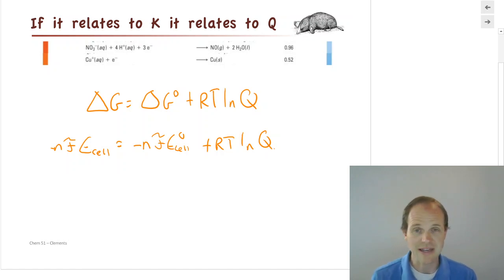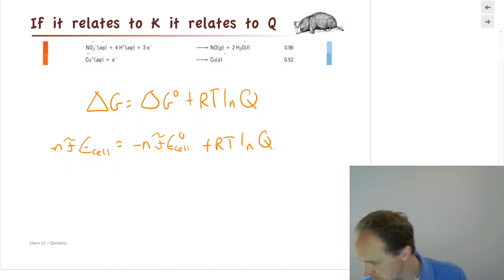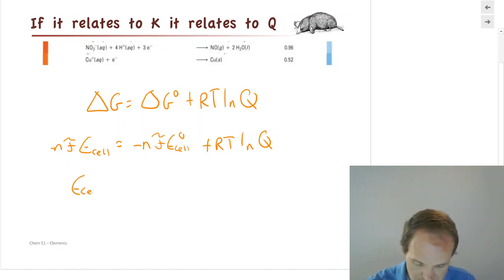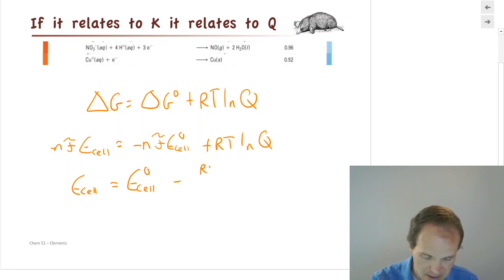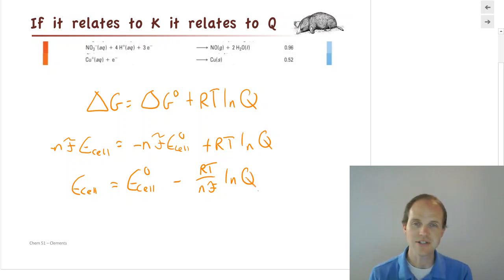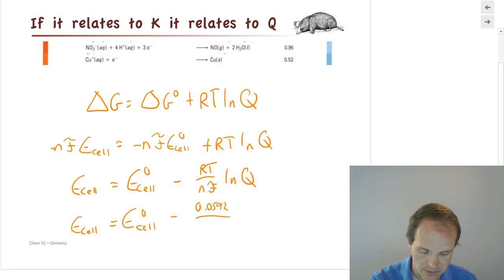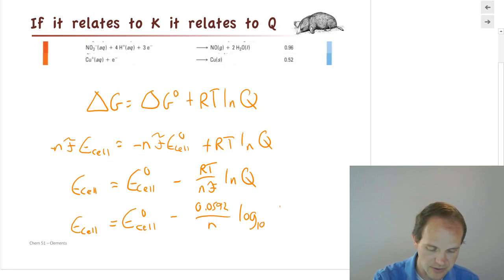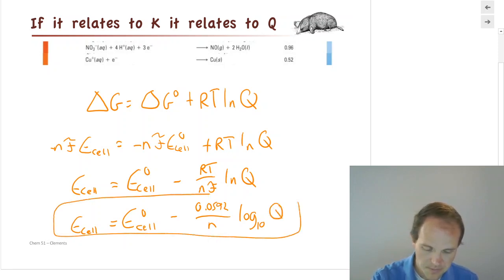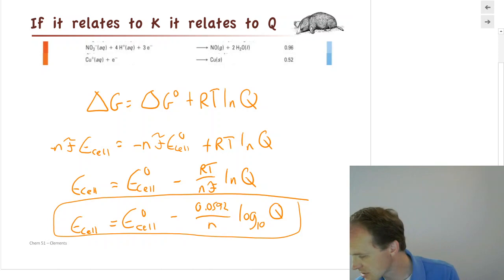Most people will end up dividing this by the minus nF to get that Ecell equals Ecell naught minus RT over nF times the natural log of Q. And just for historical reasons, people have generally written it like this, if you're talking about 25 degrees Celsius: 0.0592 over n times the log base 10 of Q. And this is what we call the Nernst equation.